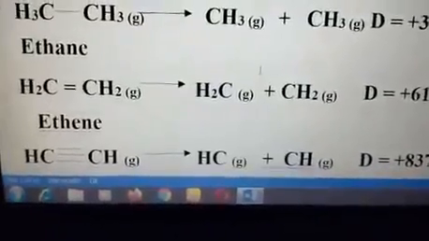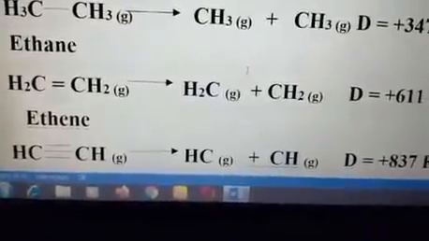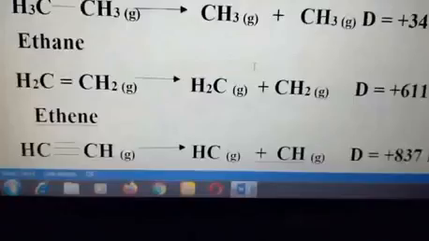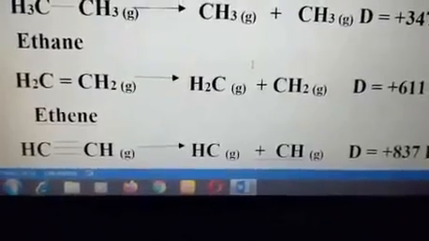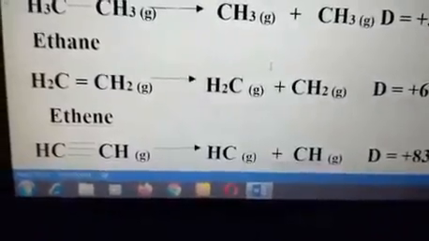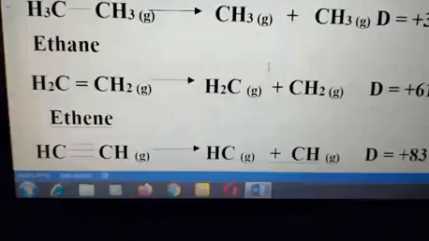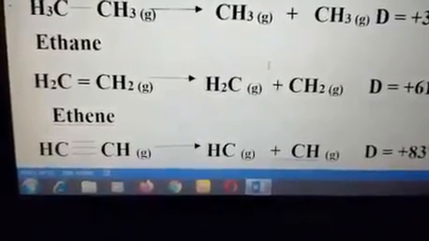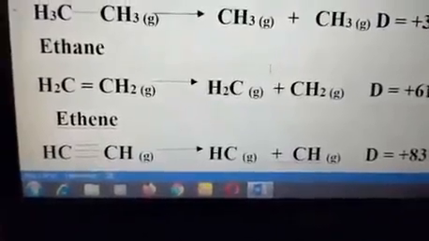Ethene. Look at ethene, H2C, CH2, otherwise known as ethylene. We have 2 atoms of carbon and then 4 atoms of hydrogen. That is ethene in gaseous state. And the bond between the 2 carbons is a double bond, so ethene has a bond order of 2.